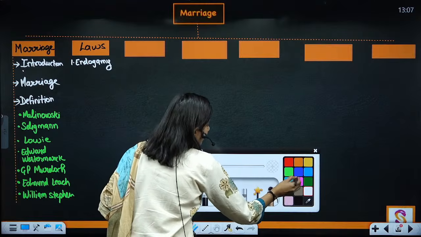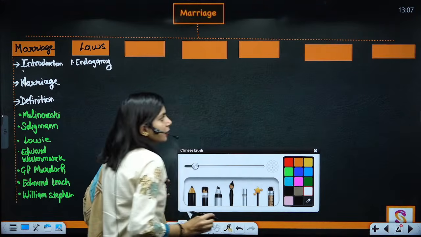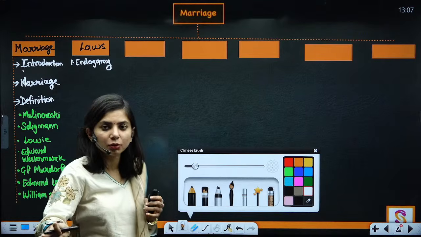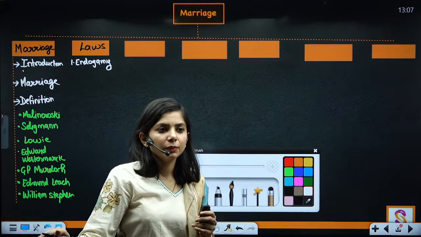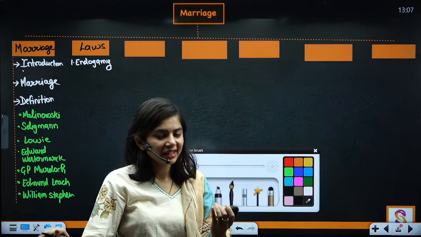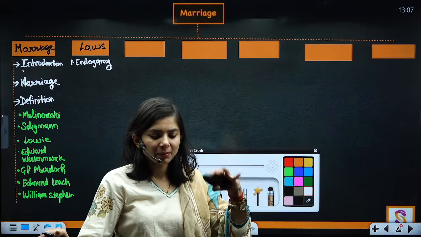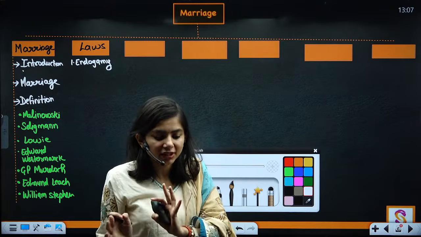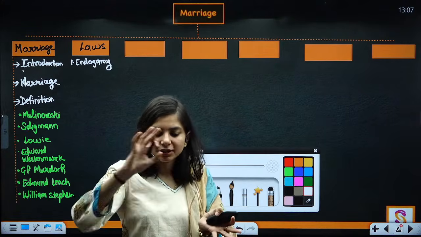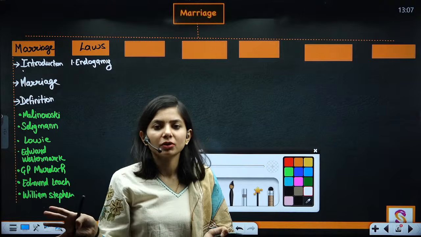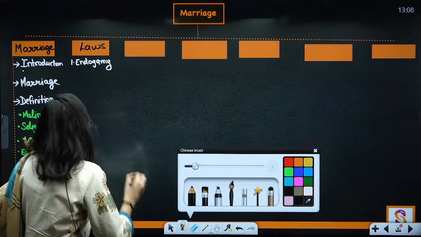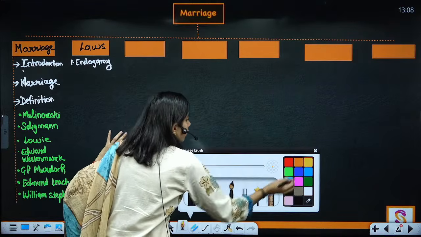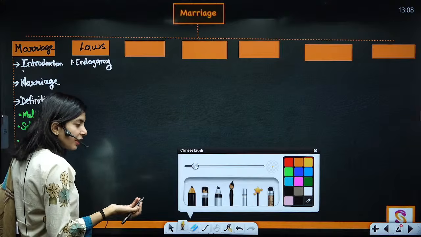Regarding endogamy, what do we need to do? We need to have a different color coding. This different color coding is for something you are mentioning extra, so that you will remember that this is an extra thing, something you are mentioning out of the box. So for the out of the box, you can take a different color pen, for example, a yellow color pen.